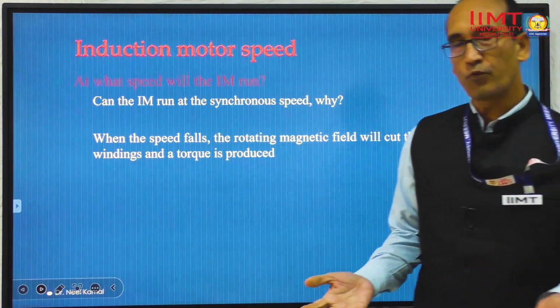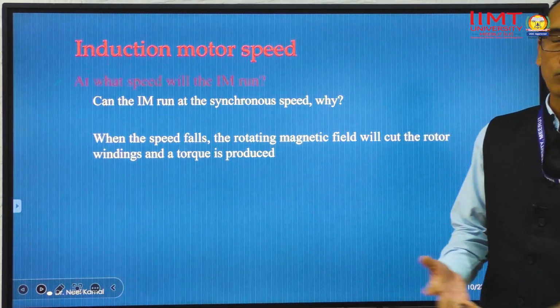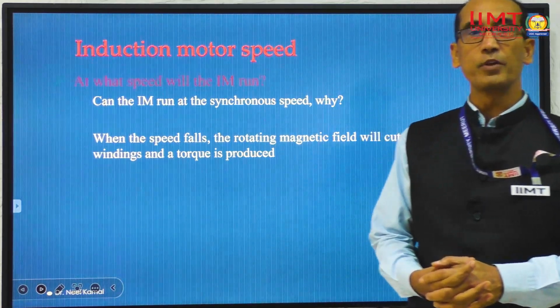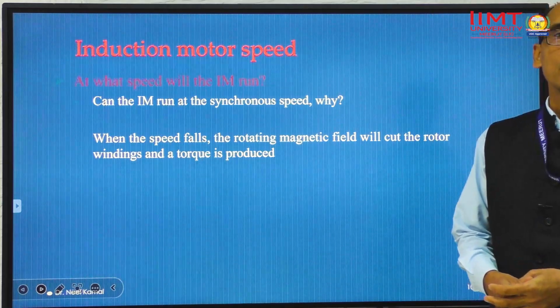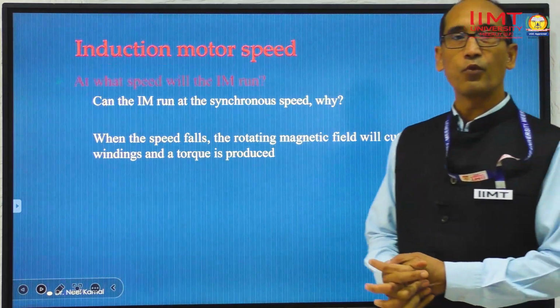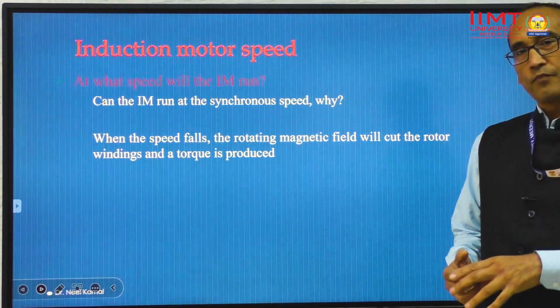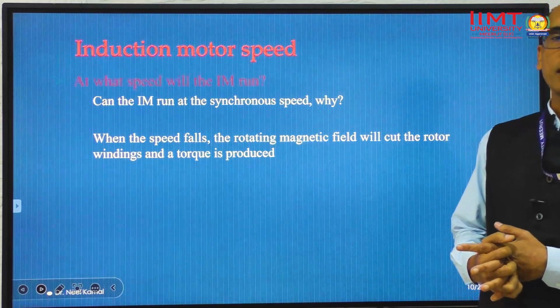Suppose we have a four-pole induction motor. Its synchronous speed will be 1500 rpm, and its actual rotor speed will be around 1440 rpm, 1420 rpm, 1480 rpm, but slightly lesser than 1500 rpm.